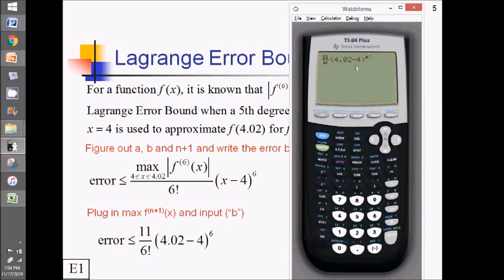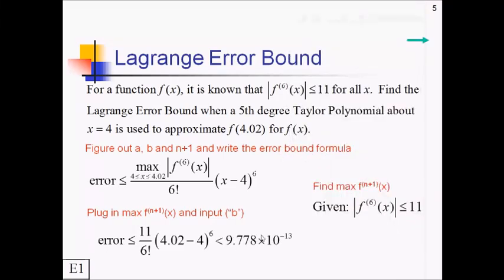So here's that expression in the calculator, and that's going to come out to about 9.77, and I'm going to round it up because I want it to be less than. So I'll put 8 as my last digit, times 10 to the negative 13th. Now, you might be wondering, since these are all constants, can I just leave it like this? And you could, but typically you have to show that this value is actually less than some other value. So I'm just going to get in the habit of saying what it's less than.